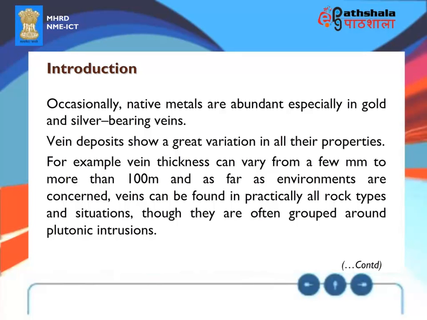For example, vein thickness can vary from a few millimeters to more than 100 meters, and as far as environments are concerned, veins can be found in practically all rock types and situations, though they are often grouped around plutonic intrusions.